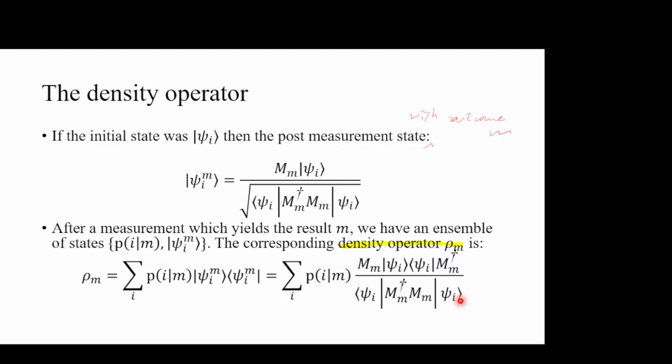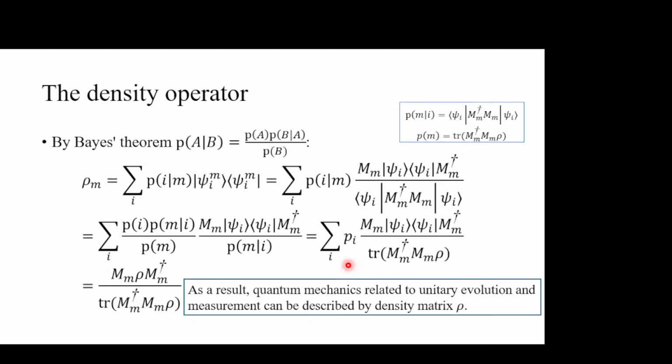Okay, so now the hard part is p of i conditioned on m, and to know what p of i conditioned on m is, we use probability theory. Probability theory says there is a Bayes rule: the probability of A conditioned on B equals the probability of A times the probability of B conditioned on A, divided by the probability of B. The derivation is quick.